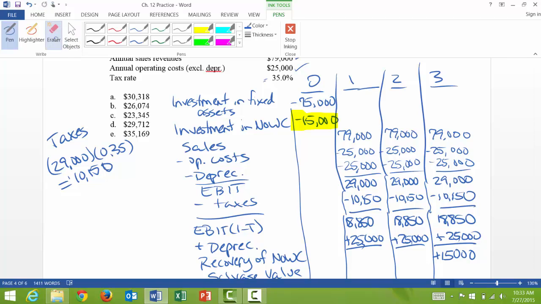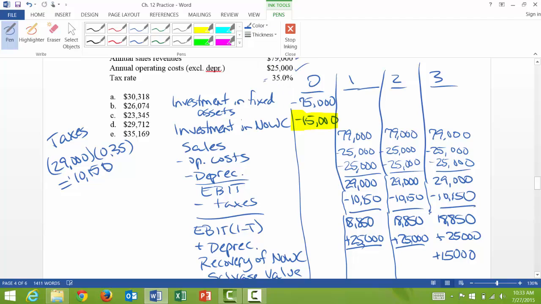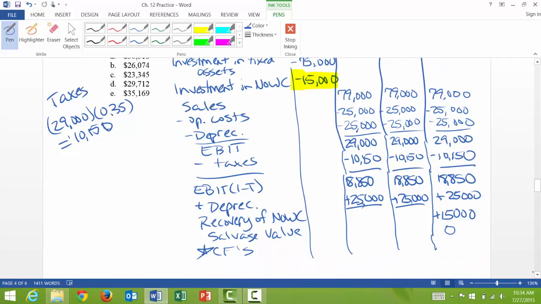So I really didn't need this line there. Okay, and then let's go down. I'd written down the salvage value, and we said that was 0. And then we get to the final part where we need the cash flows.